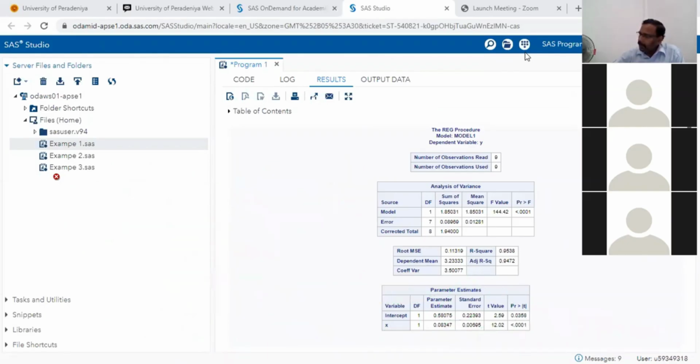Right. Now, we have concluded that first thing. We want to estimate beta naught and beta 1. What are our beta naught hat and beta 1 hat? We can identify them from here. It says intercept. That is this value 0.58075.